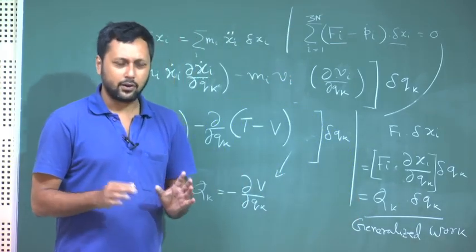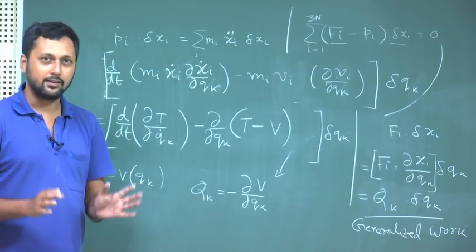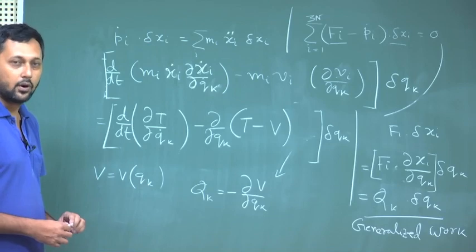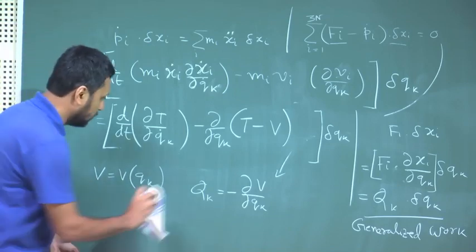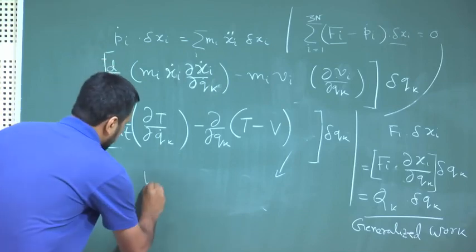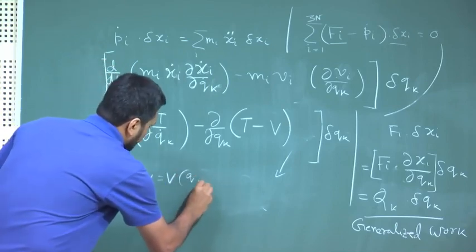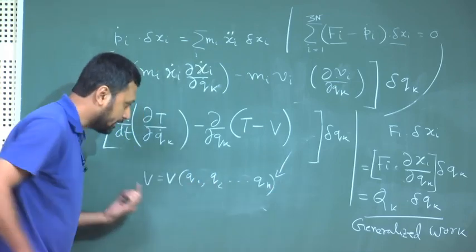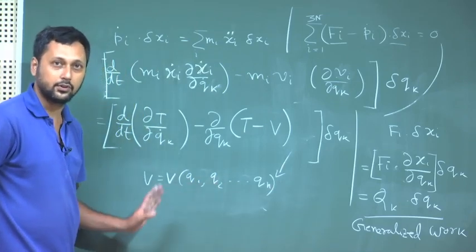But in general, for the mechanical systems we will be considering, V is typically a function of q only, or in general we can write V is a function of q1, q2, ..., qn, all the generalized coordinates, no generalized velocity involved here.